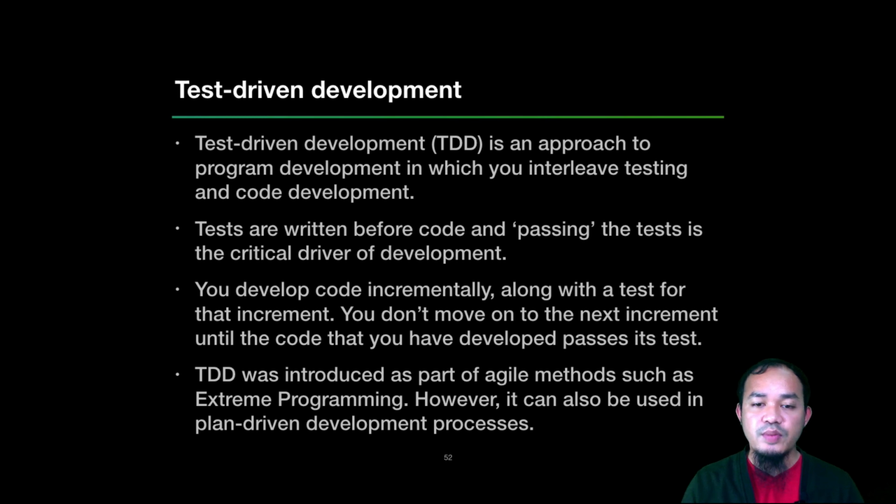TDD was introduced as part of Agile. It has become famous right now because it's a part of Agile. In Agile, when you want to add a feature, you can add the feature suddenly. There is no plan-driven development process.